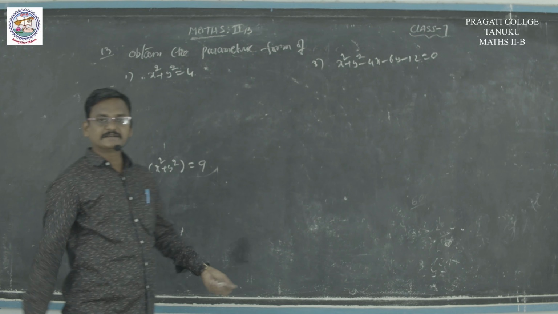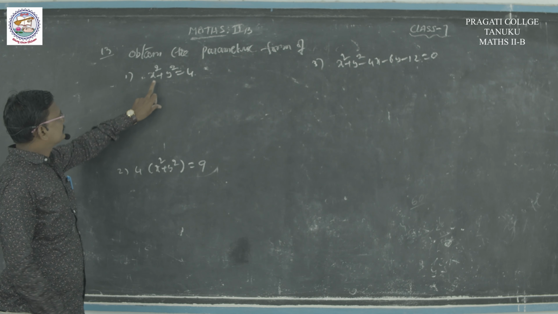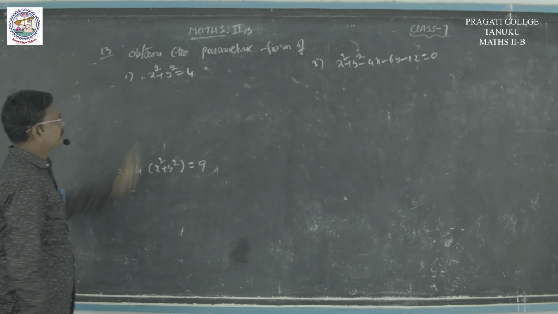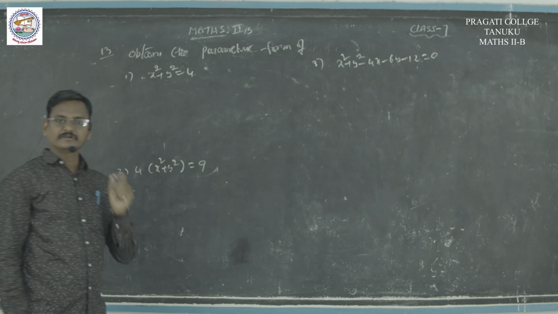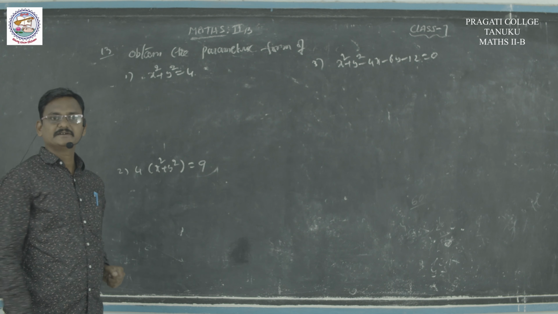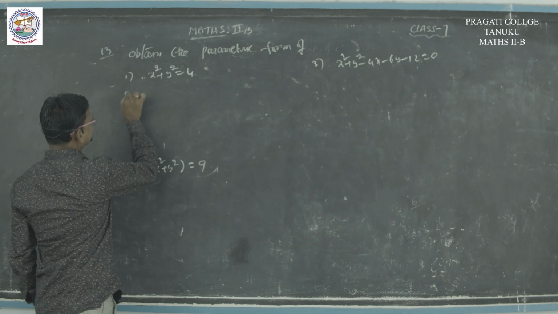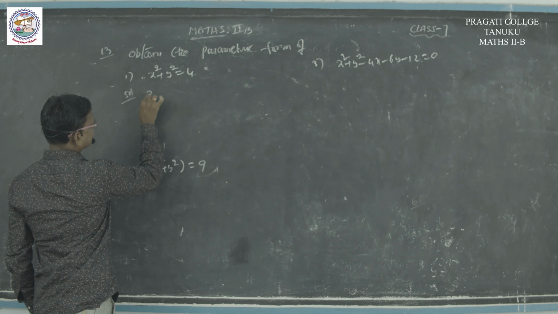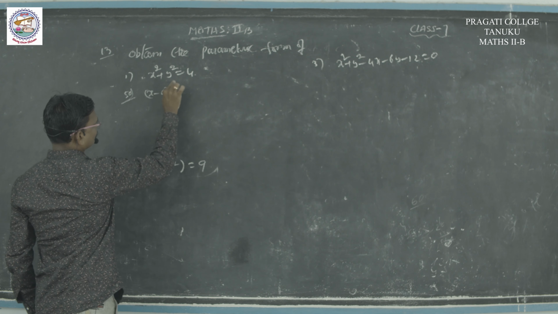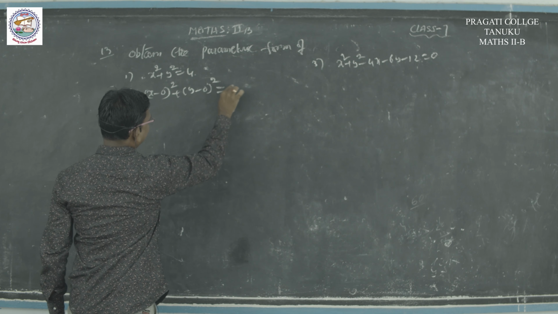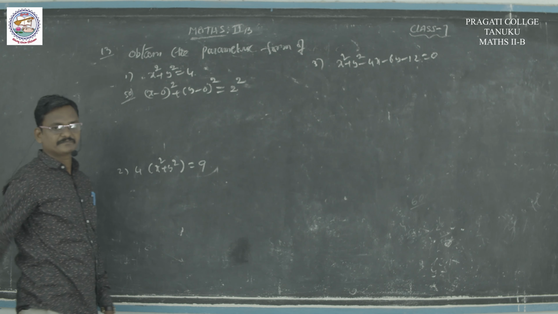Now the problems. The first one is x square plus y square is equal to 4. So the parametric form is x is equal to h plus r cos theta, y is equal to k plus r sin theta. Now we can express this as x minus 0 whole square plus y minus 0 whole square is equal to 2 square.